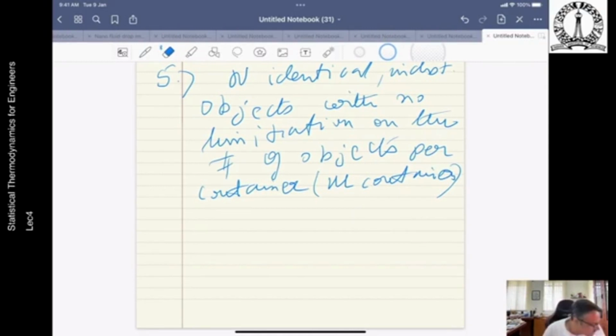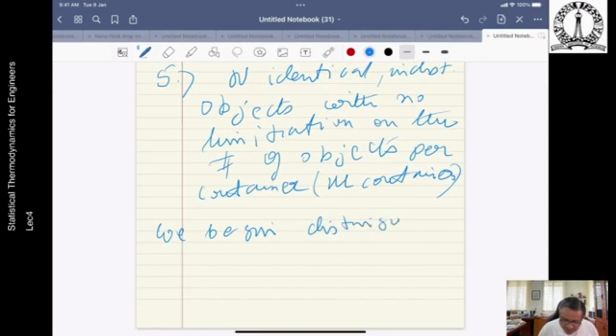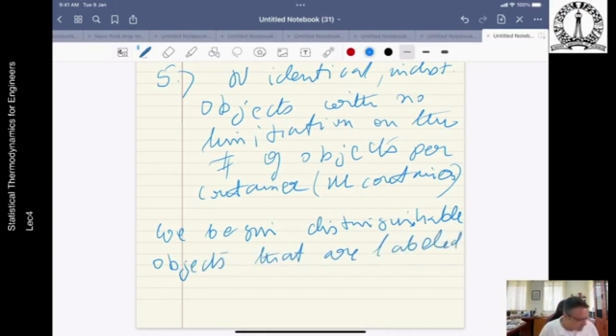So let's put it in writing. We begin by stating the obvious that we should initially assume these are indistinguishable objects, and they are labeled 1, 2, 3, up to n.